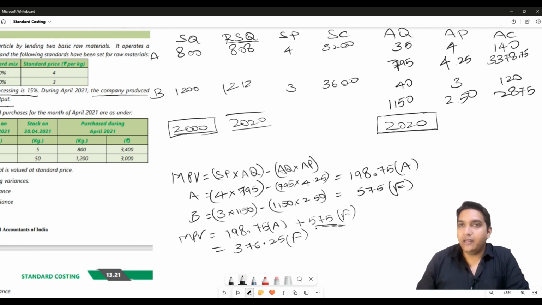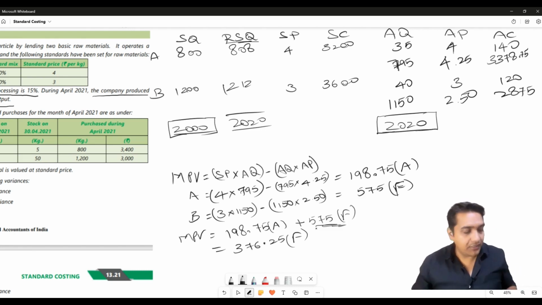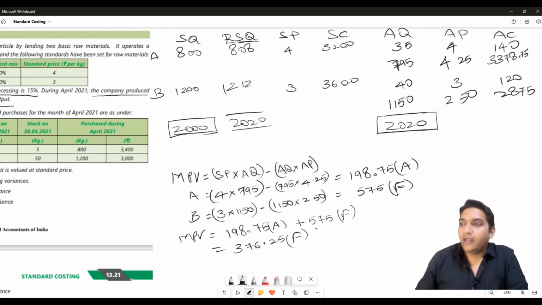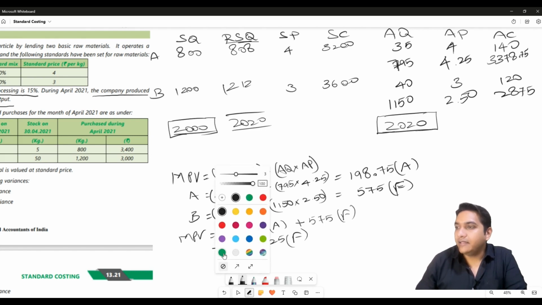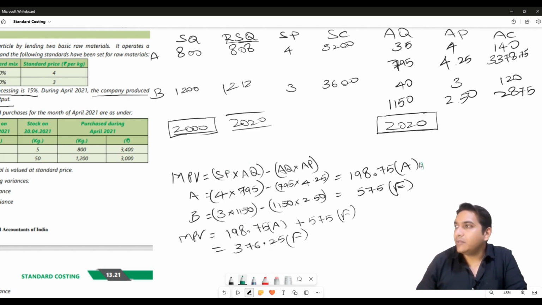So how do we make sure that what we are computing is correct? While you're calculating it, wherever it is A, take it as a negative figure. So consider this minus and this plus.